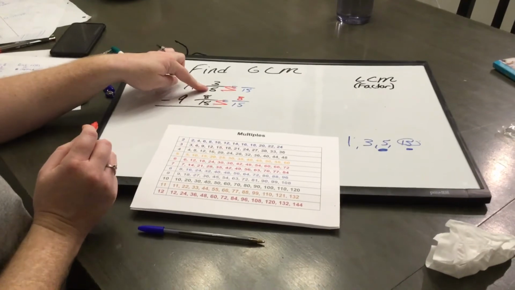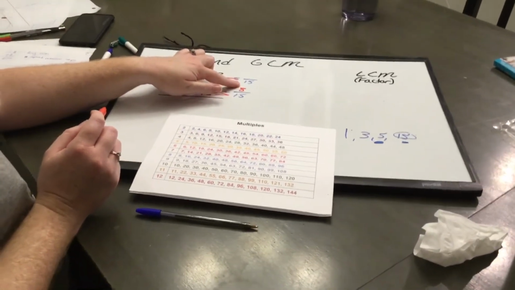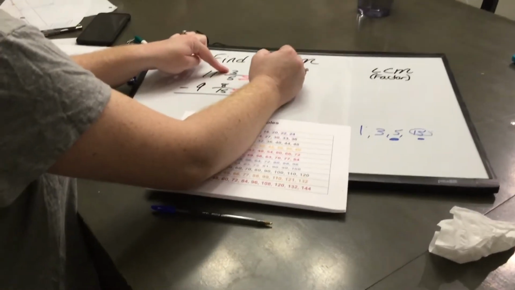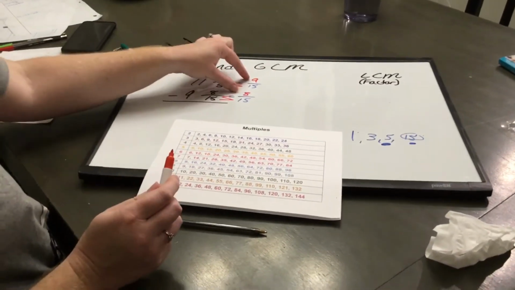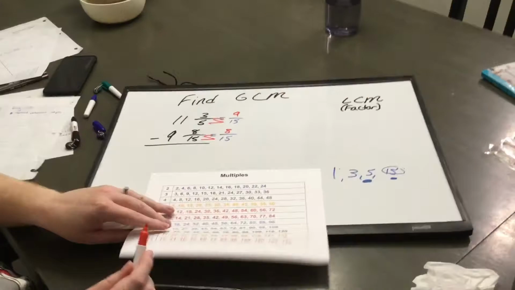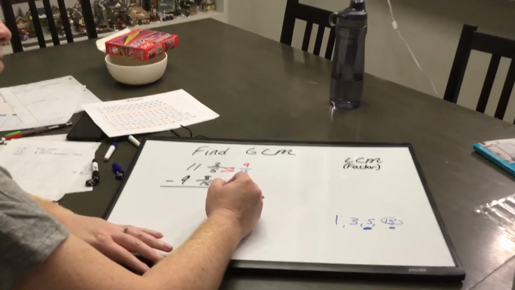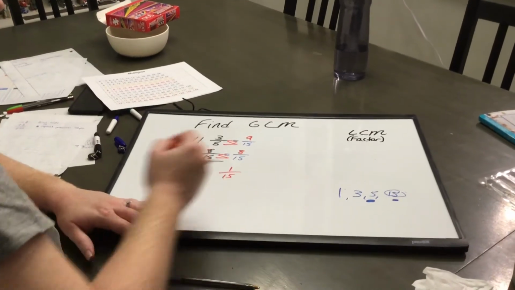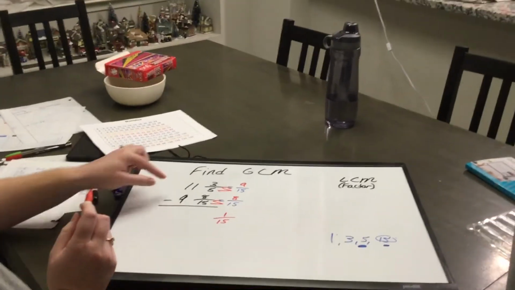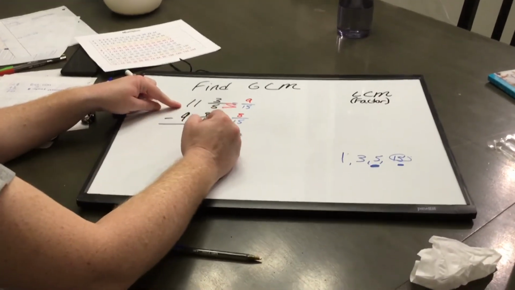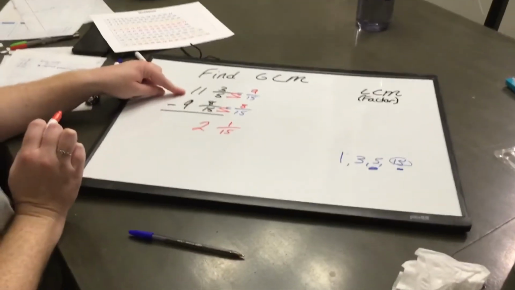Now we do 5 divided by 15 is 3 times 3 is 9. Now we can go ahead and subtract. So now we have 9 minus 8 is 1. And we keep our 15. Now we can subtract our whole numbers. 11 minus 9 is 2. And that's our answer.